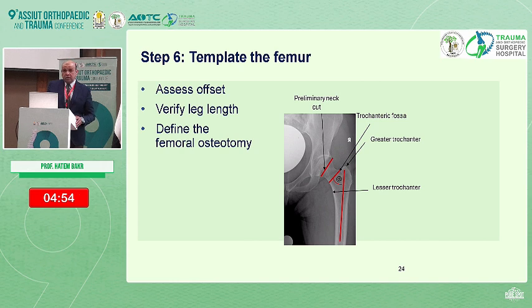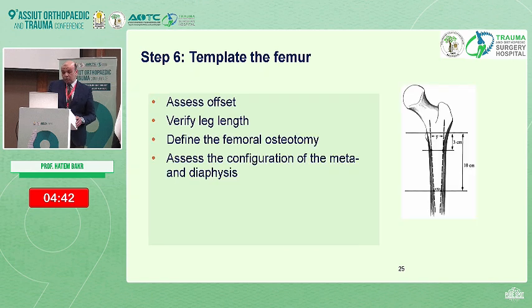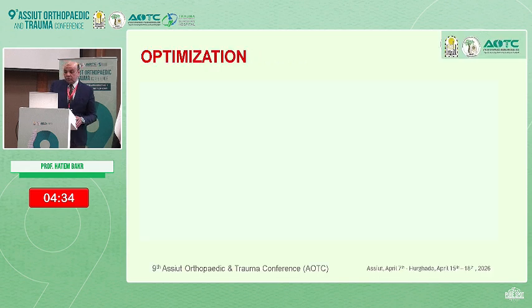And we have to plan for the cuts. This is a preliminary cut, and this is the regular cut between the greater trochanter and the lesser trochanter, one finger width above that. And then you should also know the medullary canal size in order to place the stem.